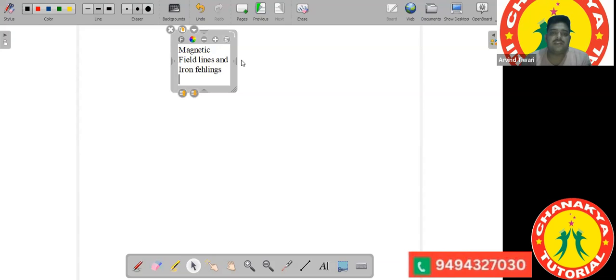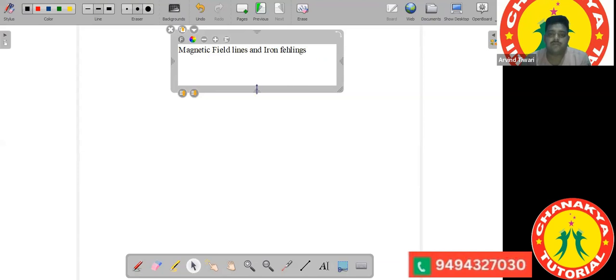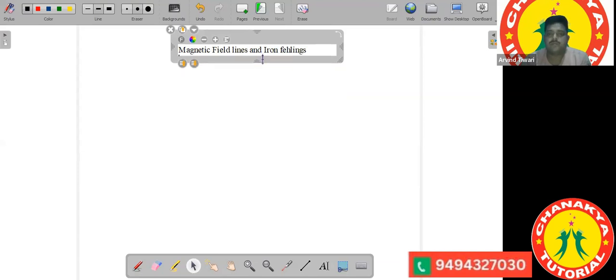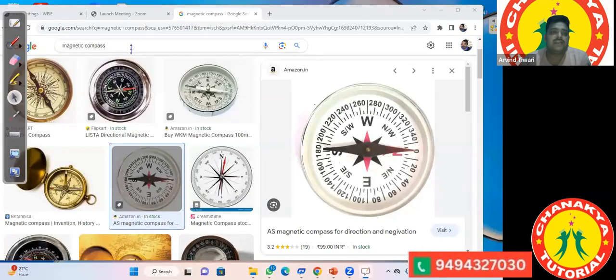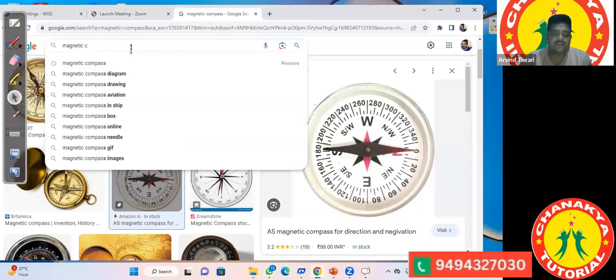Let's see the magnetic field lines with iron filings. How does it look? Just wait, I'll show you.